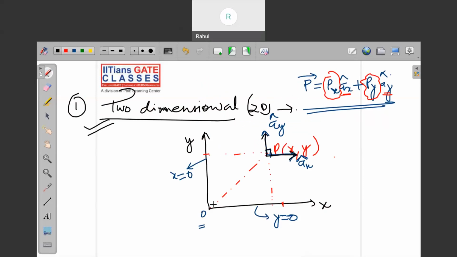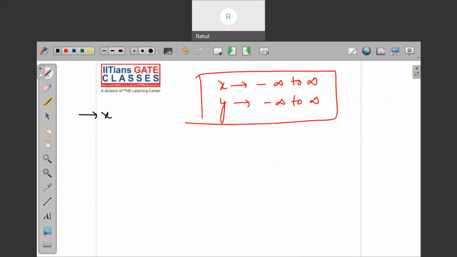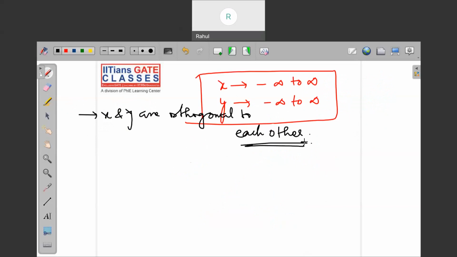You can see here the x and y are kept in such a manner that they are orthogonal to each other. So the Cartesian coordinate system, and in fact the coordinate systems, are a tool to analyze the entire electromagnetic subject.